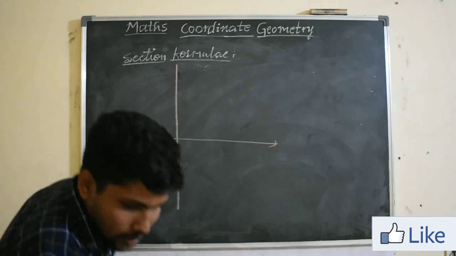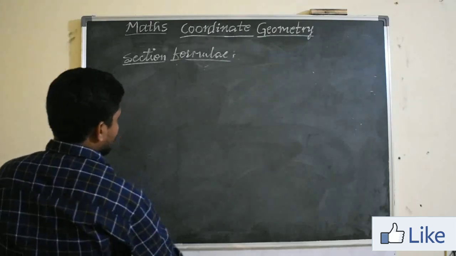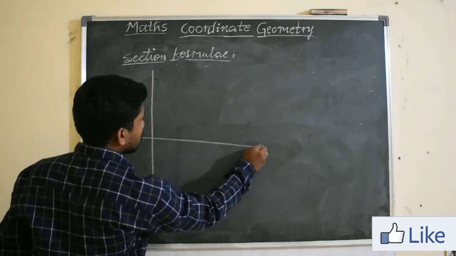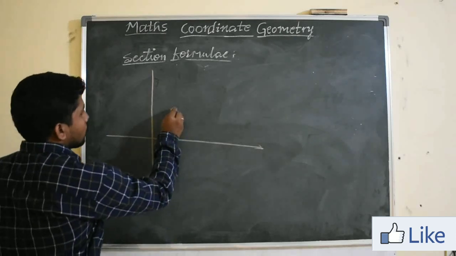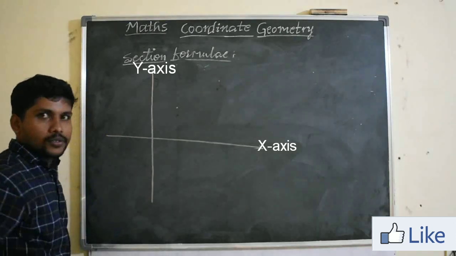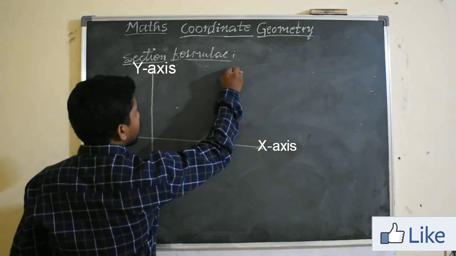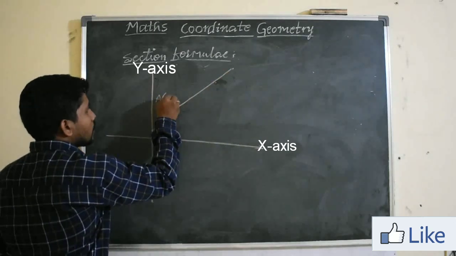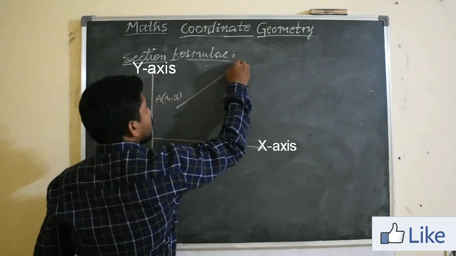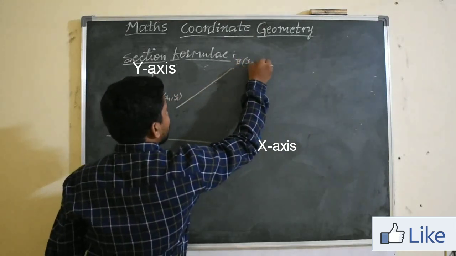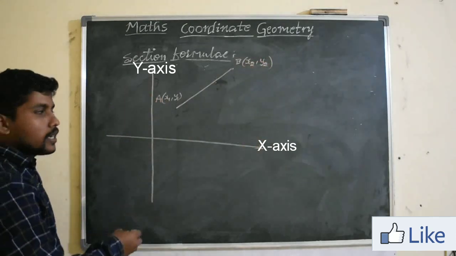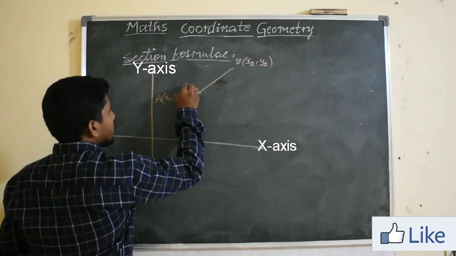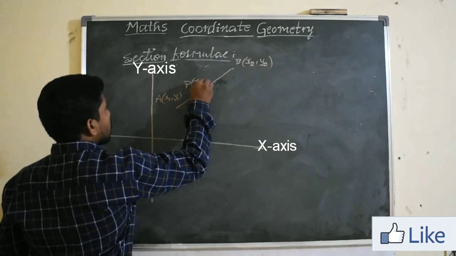Now consider a line segment joining two points A and B. Take the point A as x1 comma y1 and point B as x2 comma y2. Now this line segment is divided with a point P. Let us assume the coordinates as some x comma y.